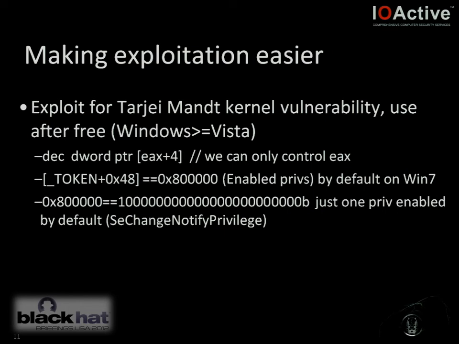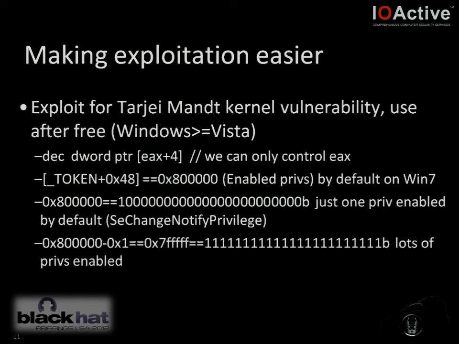And because I know that address in the kernel, when trying to exploit this vulnerability, if I subtract 1 from that, I end up with 7FFFF. If I translate that to binary, I end up with 11111, which means loads of privileges enabled, because if you remember, the field of that structure is a bit mask.